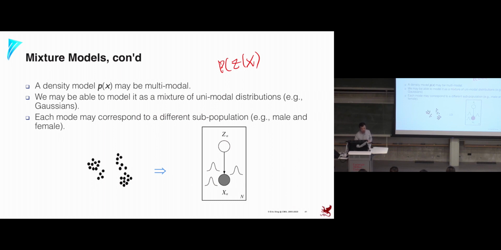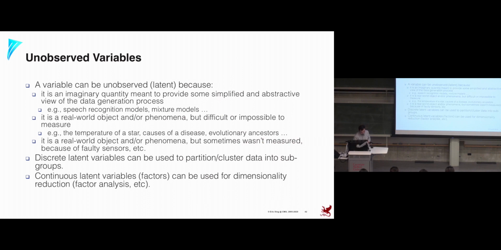Once you have this graphic model, you need to learn what? You need to learn P of Z, right? And also P of X given Z. These are the two things I have to learn. Each basically depends on some parameters. But the fact that it is unobserved makes the learning trickier than before.